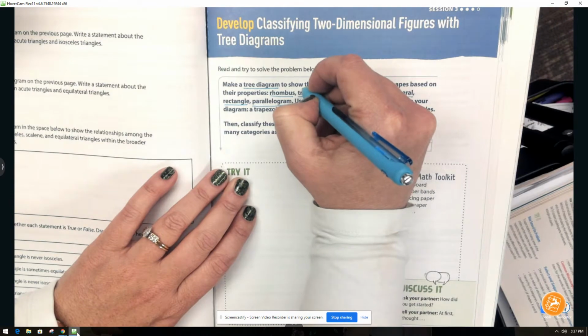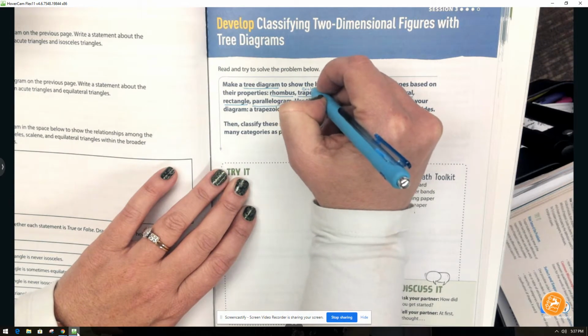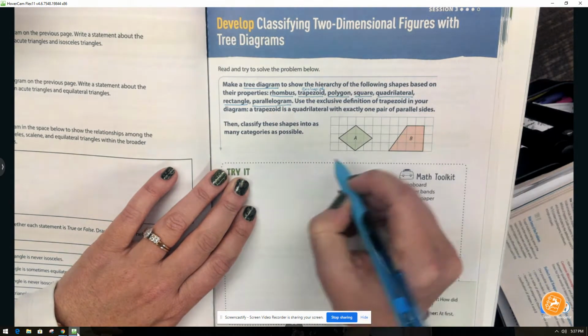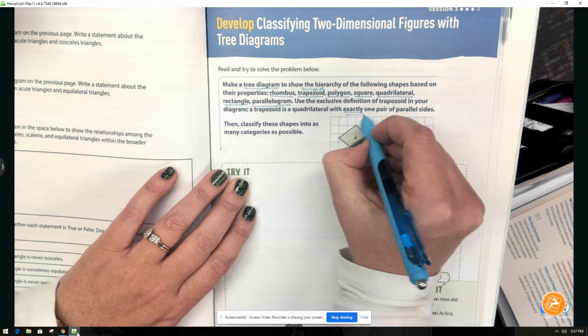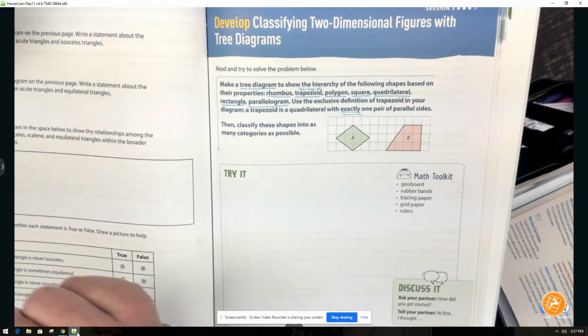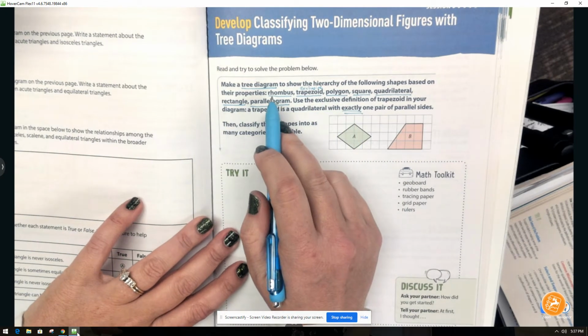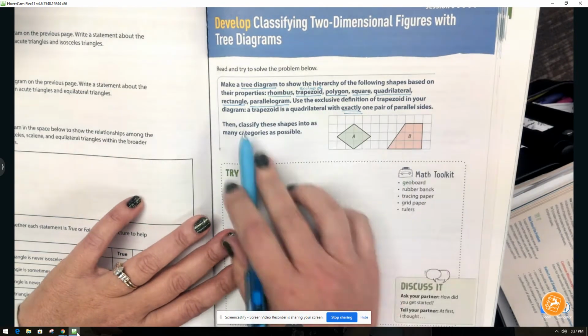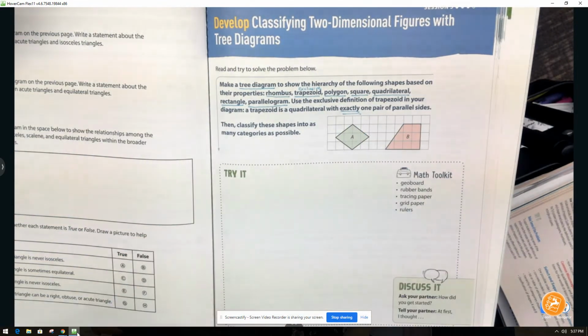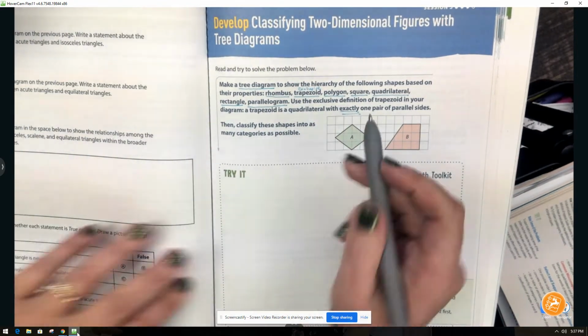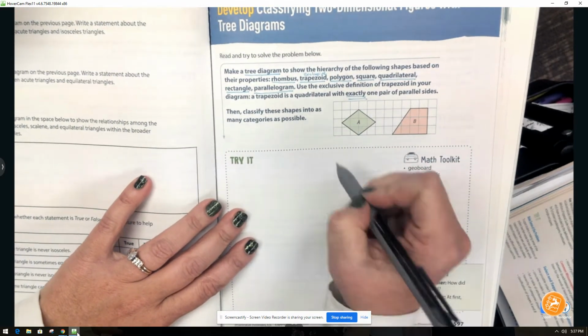So just write exclusive, meaning that there are exactly one pair. This is the one that doesn't love everybody. It wants to be separate. When we're done with all that, then we're going to deal with these shapes, but we'll do that in a moment. So let's start off with our shapes.